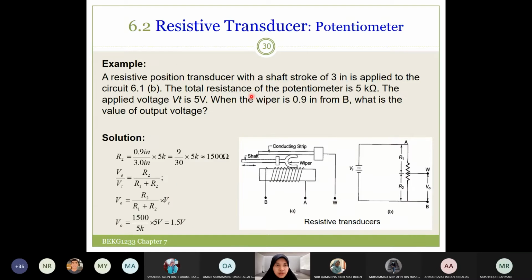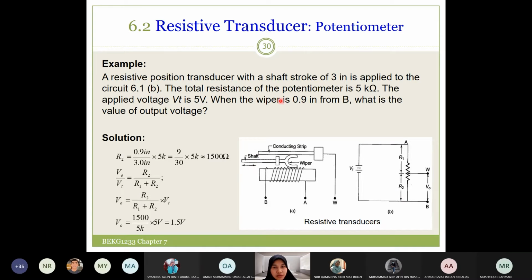Example: a resistive position transducer with a shaft stroke of 3 inches is applied to the circuit in 6.1b. The shaft is 3 inches.